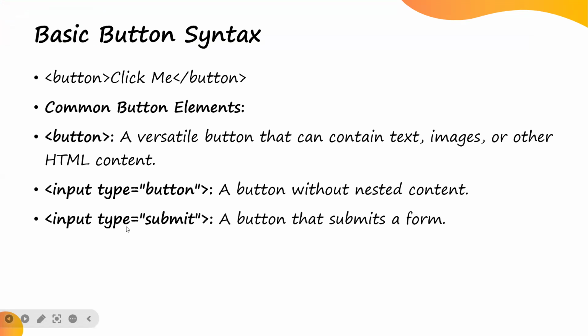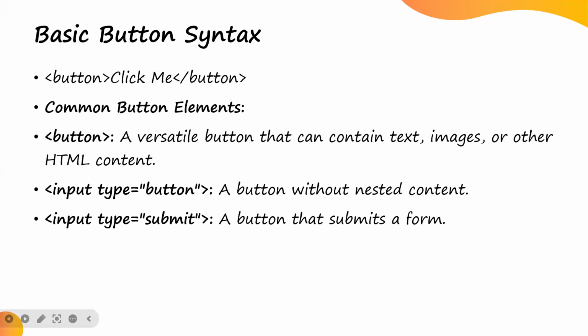We also have the input submit. Now, this one is always used for submitting a form. The difference between this and the previous one is that with submit, whenever you click it, the browser understands that it's used to submit a form.